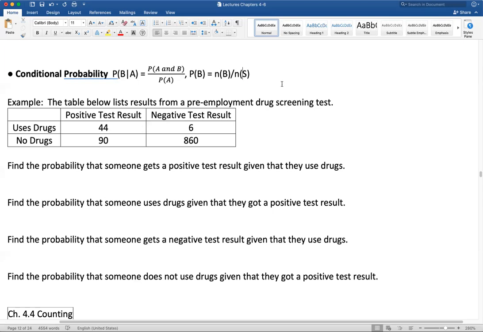Here, capital letter S represents the sample space, and N of S means the number of outcomes in the sample space, and N of B means the number of outcomes in the event B. Okay, let's compare conditional probability with just the probability of B.